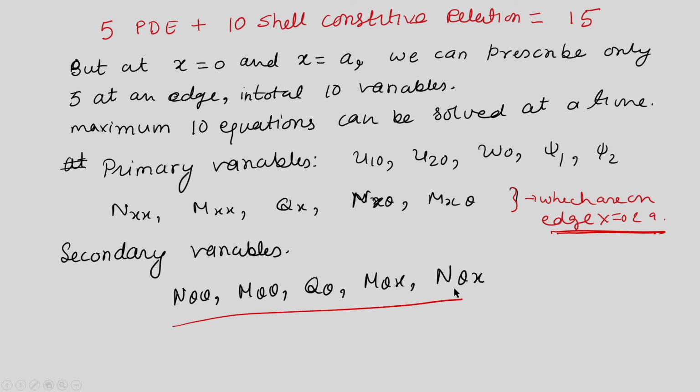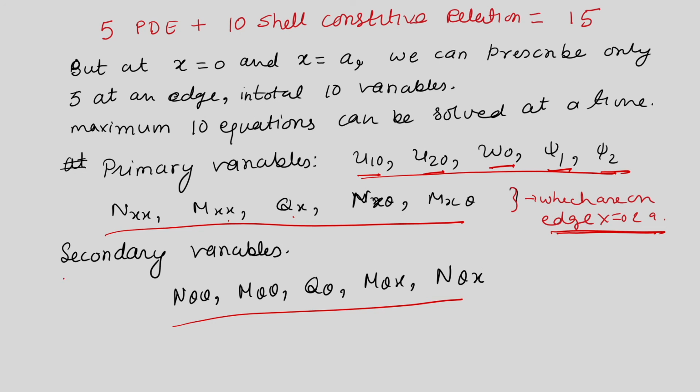So, for our case, u1 0, u2 0, w0, psi 1 and psi 2 are the 5 displacement variables, and the 5 stress resultants are nxx, mxx, qx, nx theta and mx theta. These are considered primary variables because nxx, mxx, qx will be specified at the edges x equal to 0 and x equal to a.